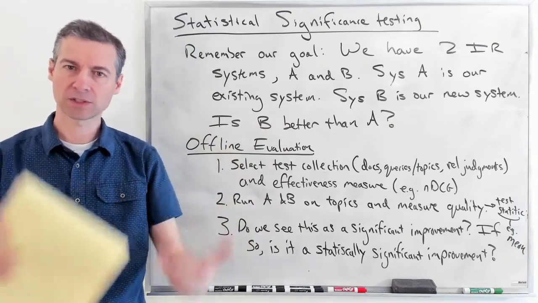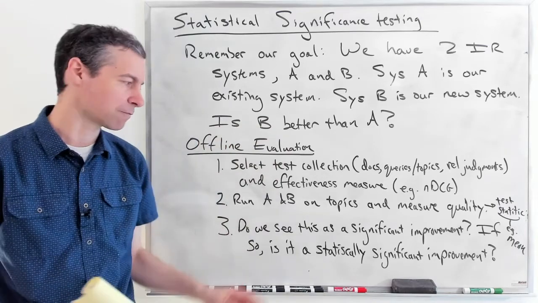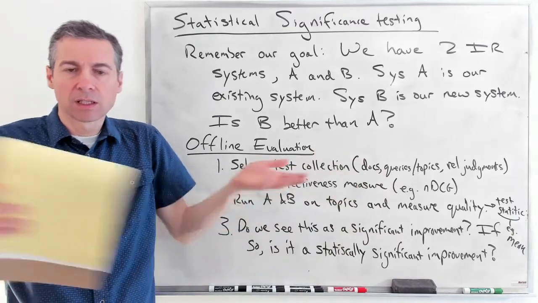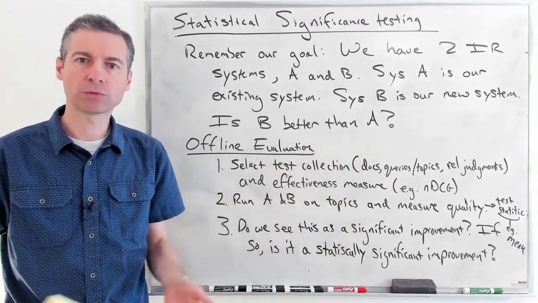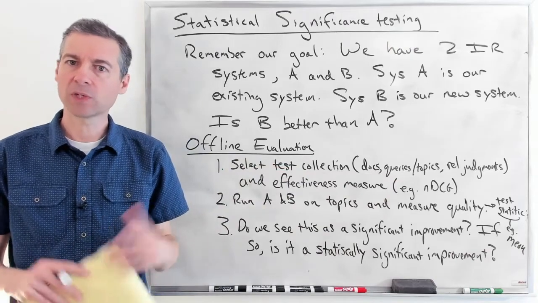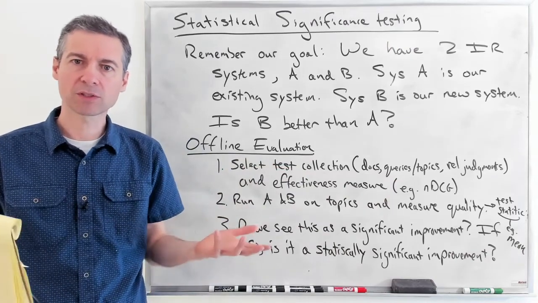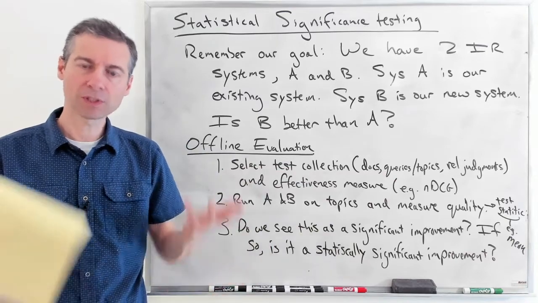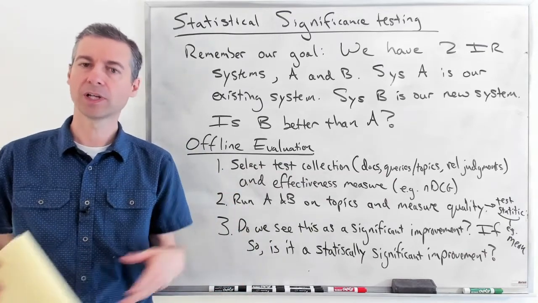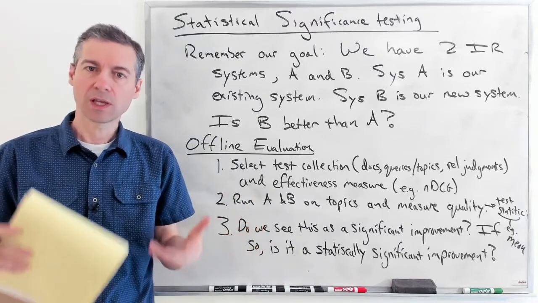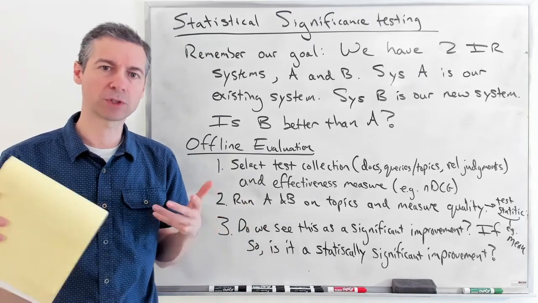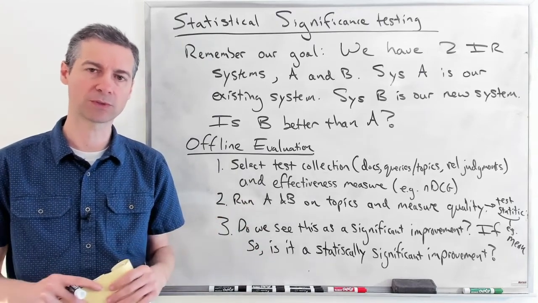This is what our statistical significance testing gets at: could it have just been the natural randomness in this setup that we had in the system? Did we not get enough measurements to really say with certainty? Or did we actually get enough measurements that we feel quite confident that the difference that we see is not just due to chance, but is actually due to a true improvement in performance for system B?